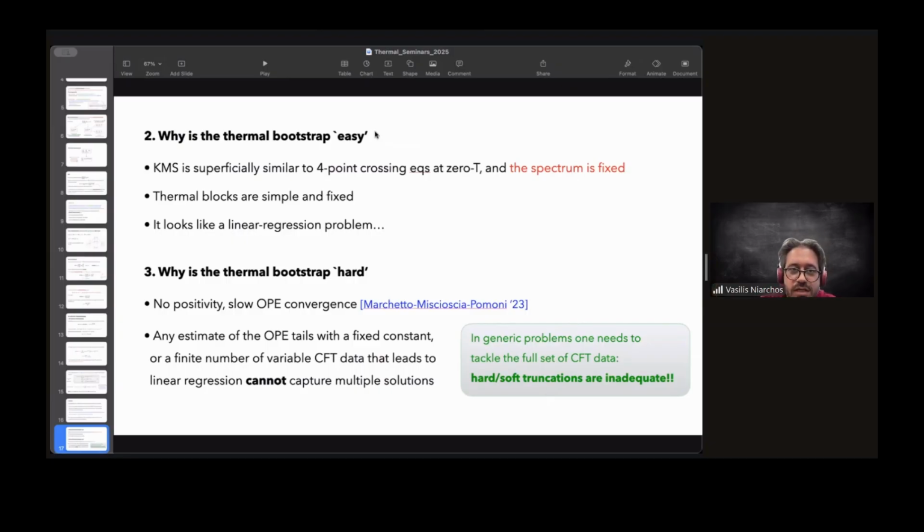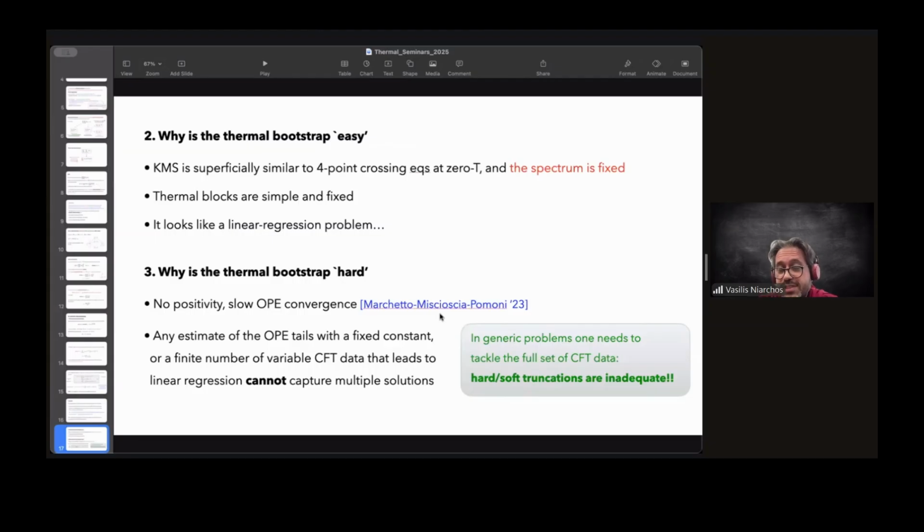Now, it turns out these features that make the thermal bootstrap easy also make it very hard, because there's no positivity and the OP convergence is very slow, as you have shown in your previous papers. But more than that, any estimate of the OP tails with a fixed constant, for example, one that arises from a Tauberian theorem or a finite number of variable CFT data, leads to a linear regression problem, and that has a unique solution.